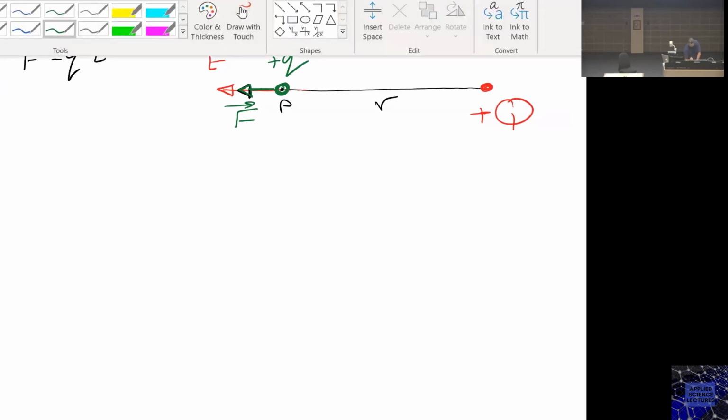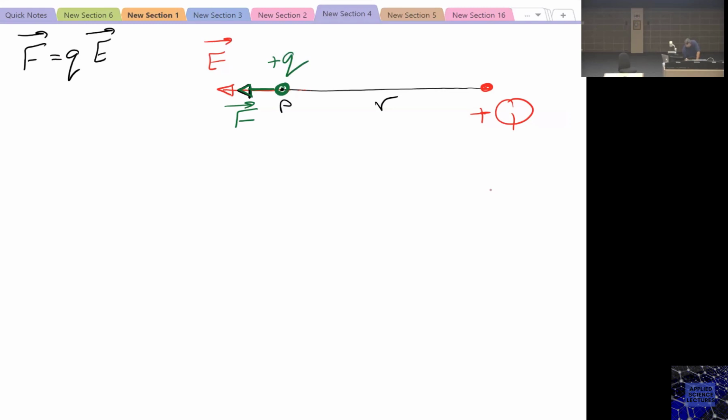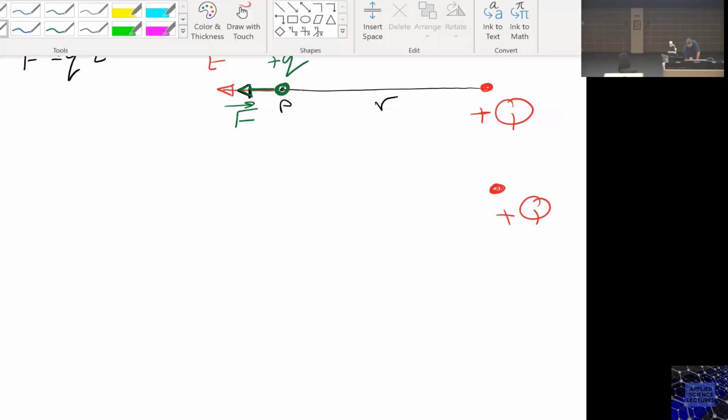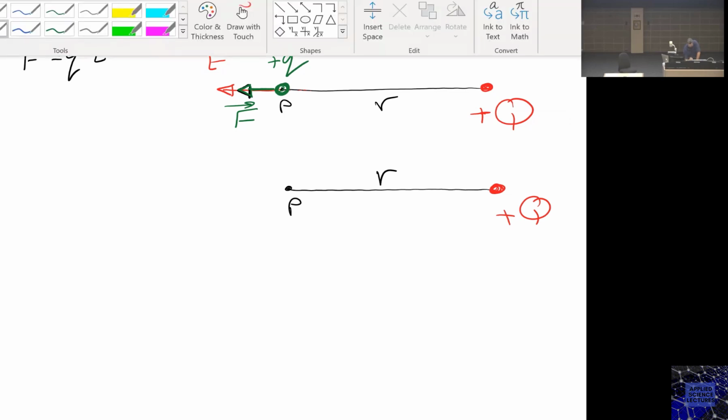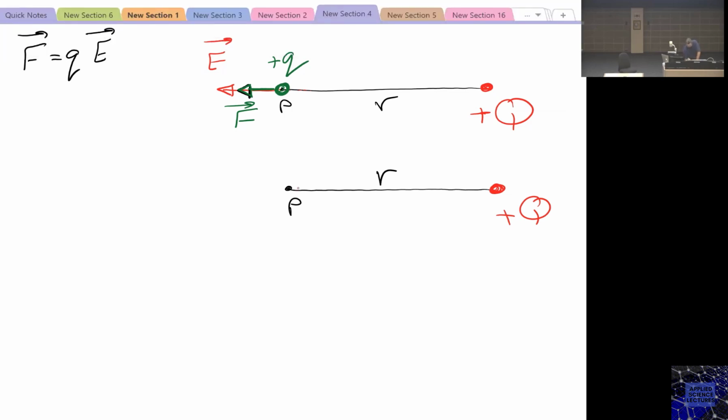Okay, so let's look at case number 2. Capital Q is positive. Distance R. Point P. Since the capital Q is positive, I'll extend this line, and then this is my electric field pointing away.